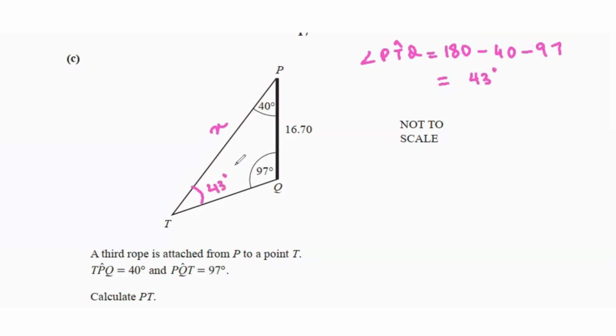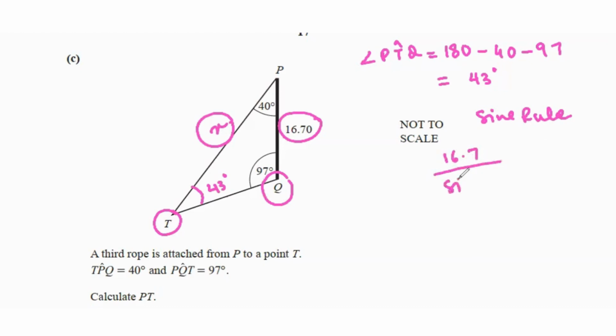So now, as you can see, we have one complete set of angle and its opposite length. That's 43 degrees and the length is 16.7. We have angle Q and we have to find its opposite length. So we can use sine rule because this triangle meets the condition for sine rule. We will say 16.7 over sine of 43 equals PT or X divided by sine of 97.